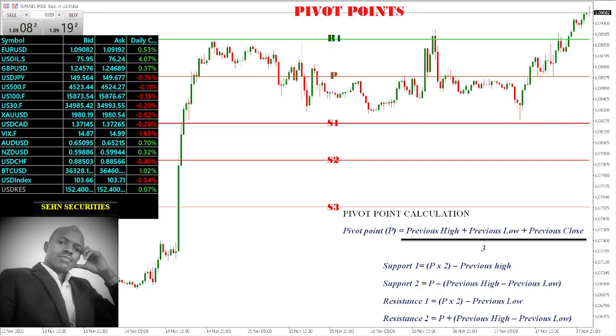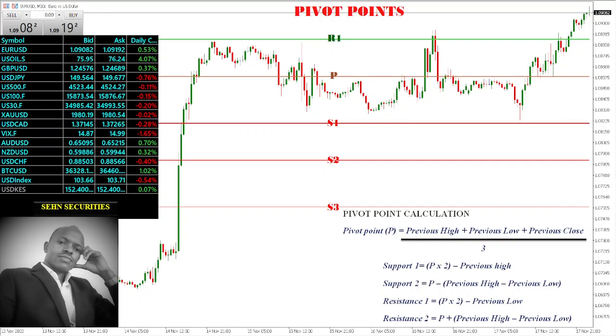What we mean here is that if the price was on a downward trend and then it reached near the pivot point and then bounced upwards, then you should take a long trade. Conversely, if the price was going up, then it reached the pivot point and bounced downwards, then you should take a short trade.